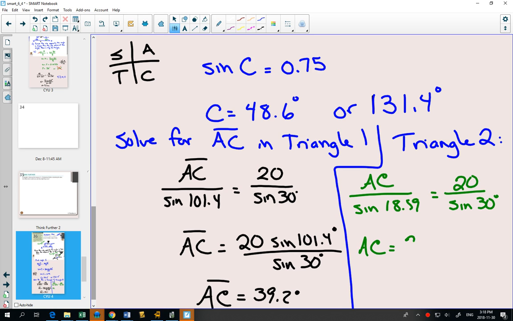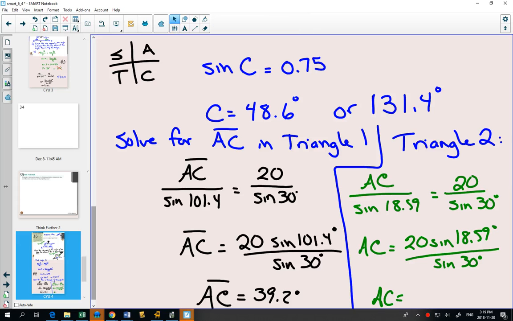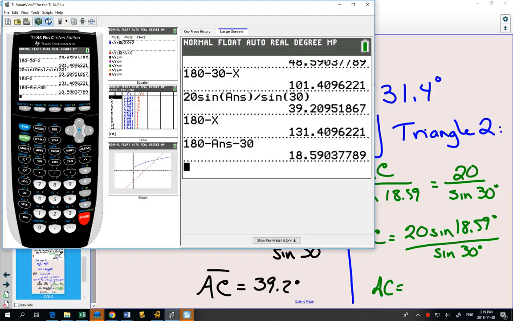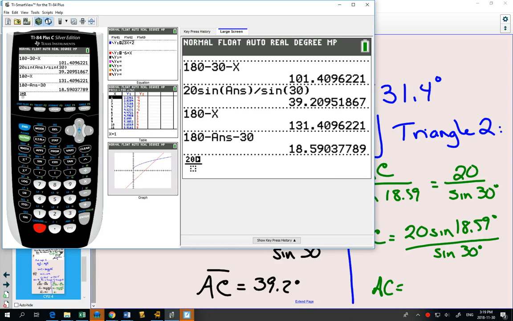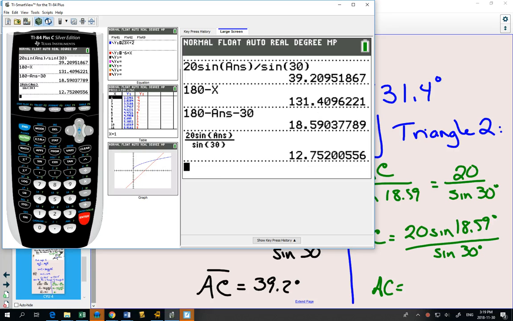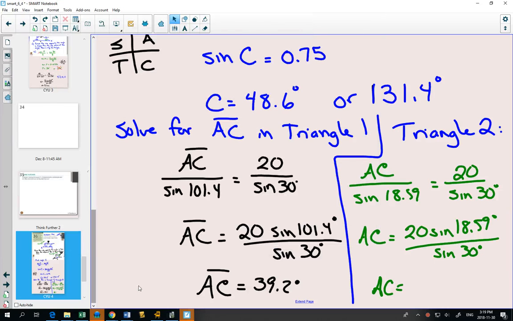So AC is 20 times sine of my answer divided by sine of 30, 12.75, which rounds up to 12.8.